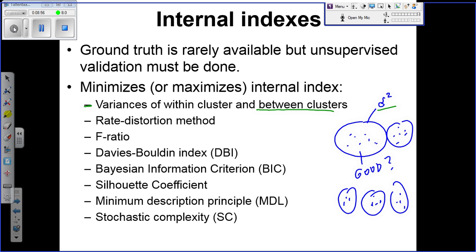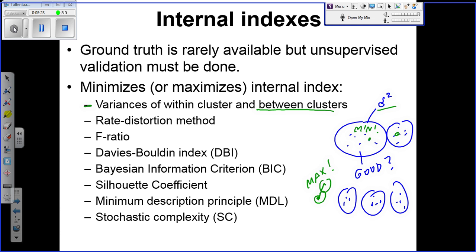Points in the cluster should be as similar as possible to each other, but points in other clusters should be as dissimilar, or as far as possible. If I take many small clusters, we will have one point here, another point here, and the distance between these points and other clusters is quite small also. So we want to maximize this distance and minimize the distance inside the clusters. Two contradicting goals, but that's what this is now.